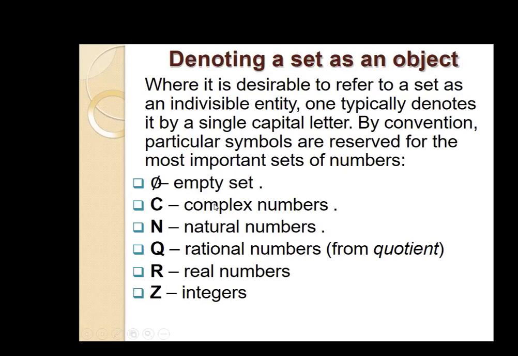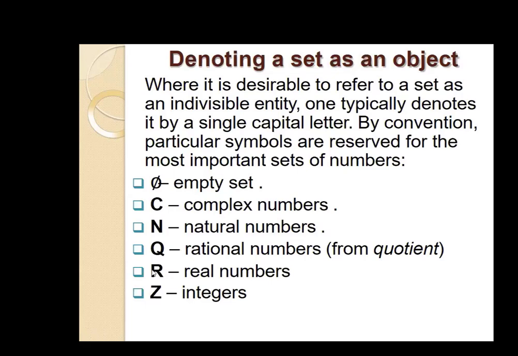Now what is the empty set, complex numbers set, natural numbers set, rational numbers set, real numbers, integers, prime numbers? There are different types of set, and we will go through what these sets are later on. But here you only need to understand that these capital letters have to represent only the particular type of set.